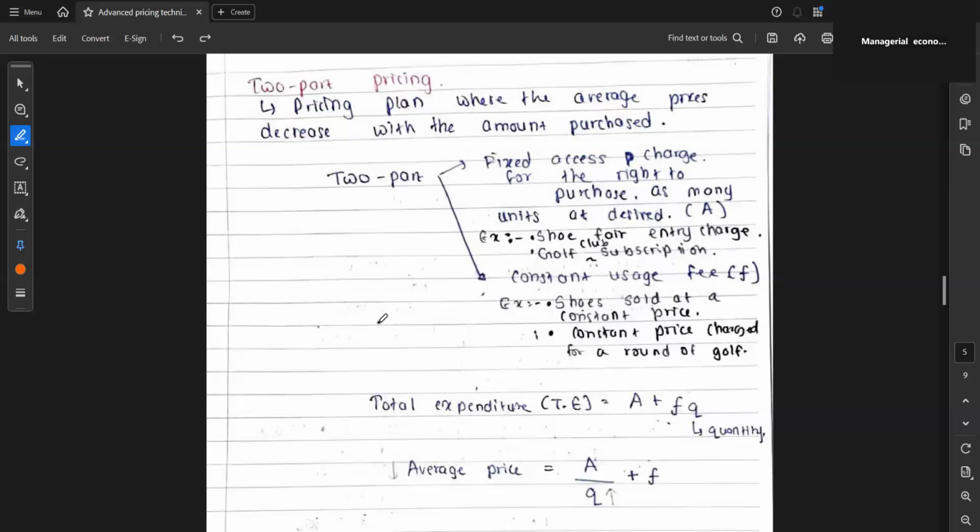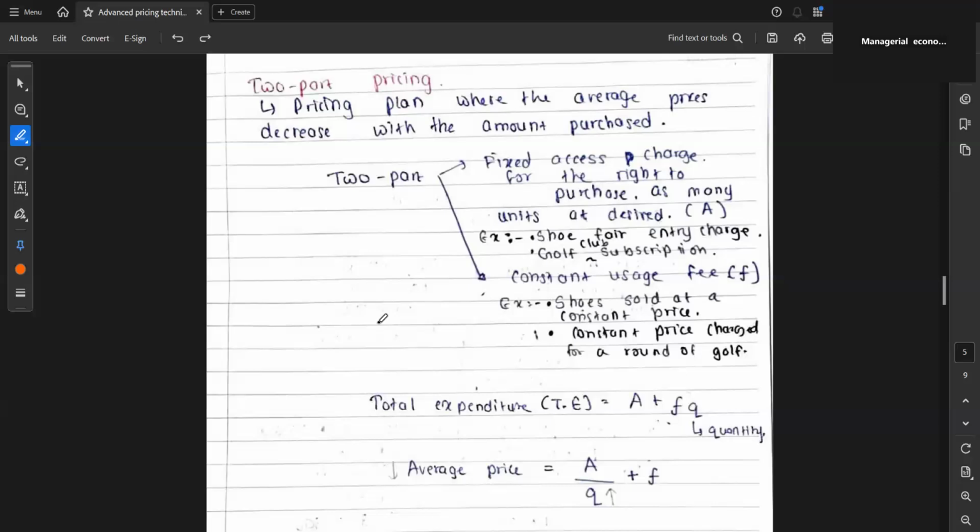Another example is in golf clubs. There's a higher subscription fee, but for each round you play, there is a constant usage fee. So the total expenditure spent by a consumer will be equal to the fixed access charge A plus the constant usage fee, which is denoted by simple F, times the quantity the consumer purchases.